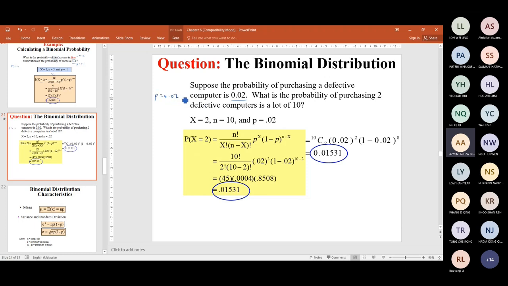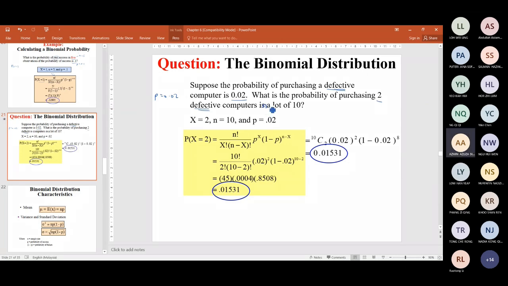What is the probability of purchasing two defective? You see, this one is defective, this one also must be defective. Must be the same. If not the same, then you can find the other value. So the probability of purchasing a defective computer is 0.02.